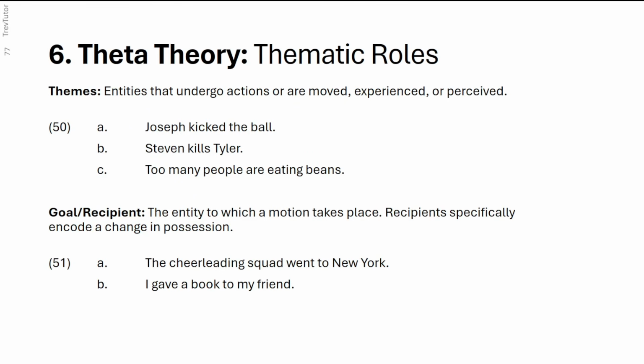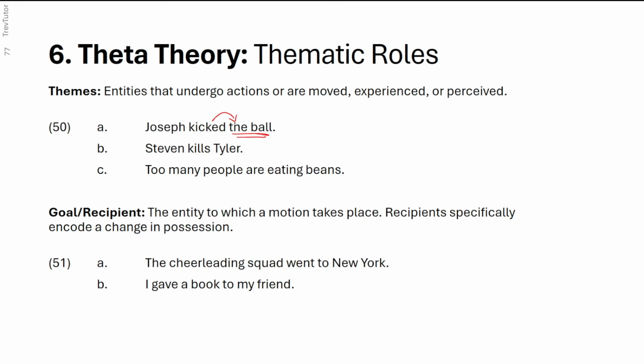The first one is theme, and theme is always difficult to define. Usually I think of these just as objects of verbs that have agents. So in the case of Joseph kicked the ball, the ball is the thing that is being kicked. So this is the theme. A more formal definition are entities that undergo actions that are moved, experienced, or perceived.